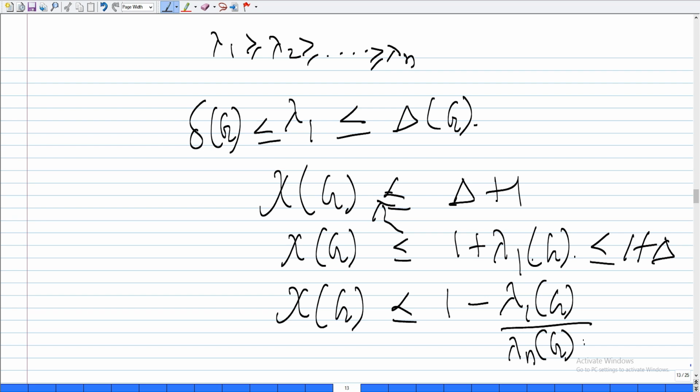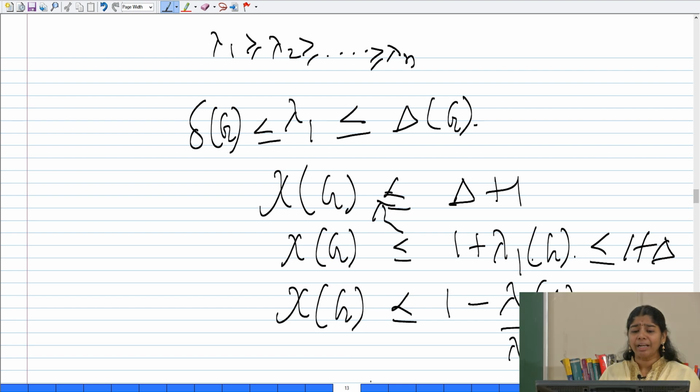So, when I arrange them in decreasing order, my lambda n will obviously be a negative number. So, this will be like 1 plus that quantity, lambda 1 by lambda n. So, this is another interesting result. The proof is a little detailed, so I will not do the proof. If you are interested, you can go further and look into the proofs.